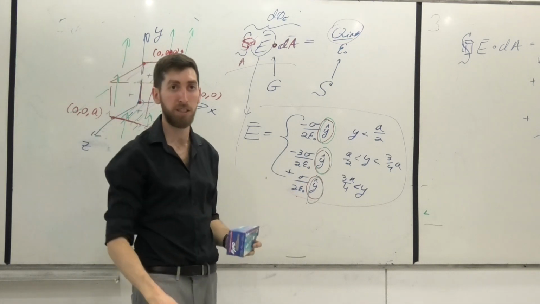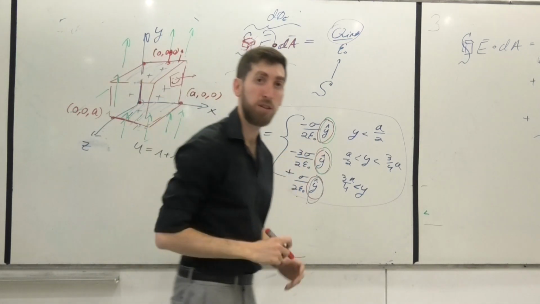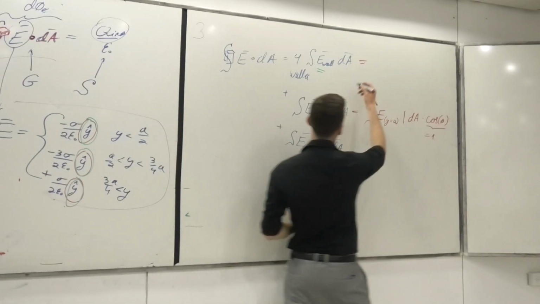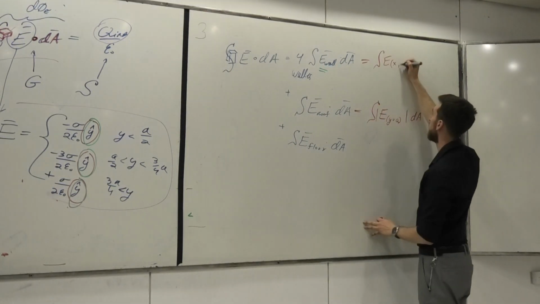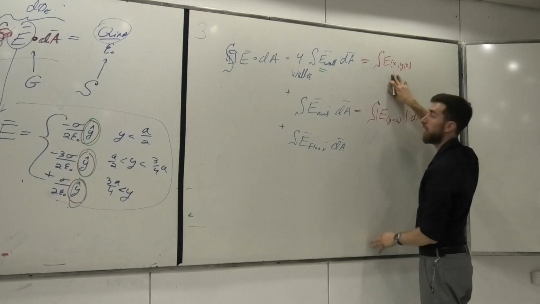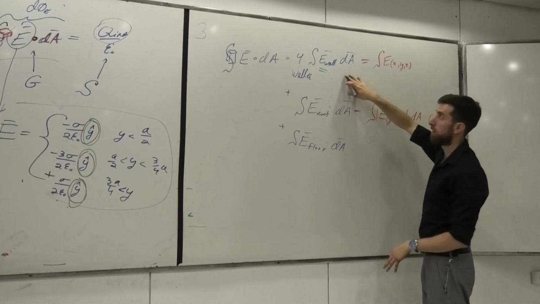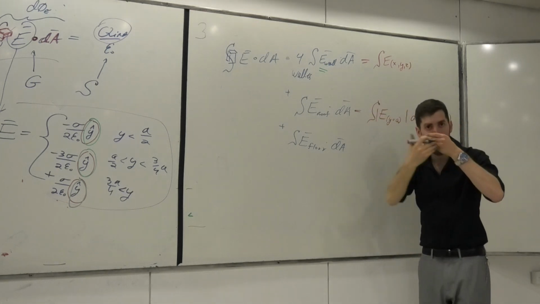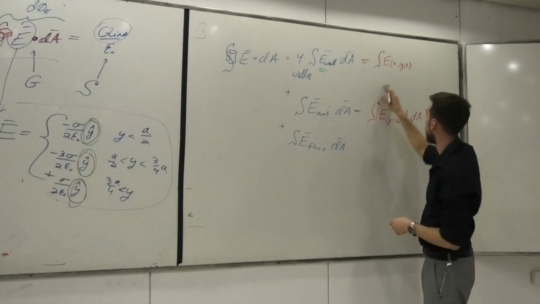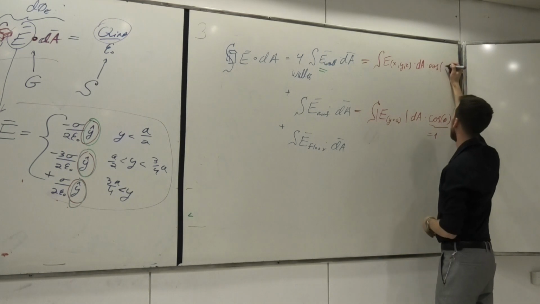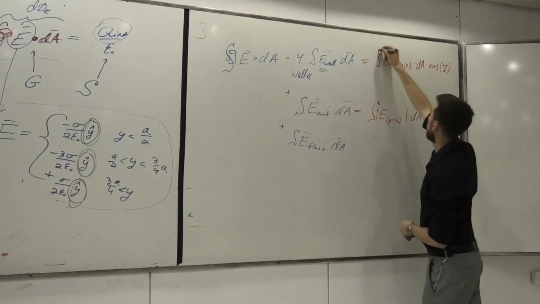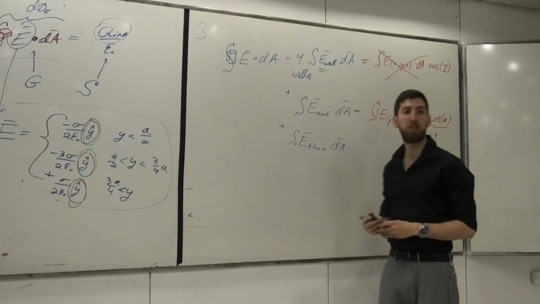Cosine of 90 degrees is 0. So this one is actually the integral of E at many places on the wall, with different rotations in X, Y and Z. dA cosine pi over 2 is dying out. We don't need it.